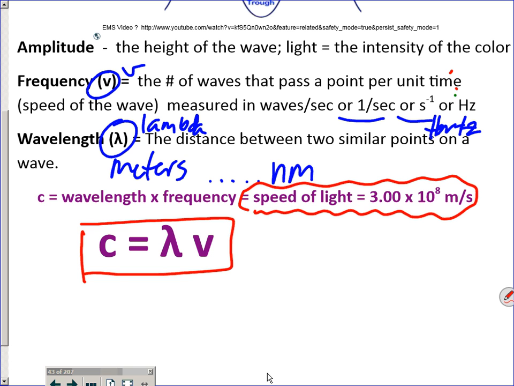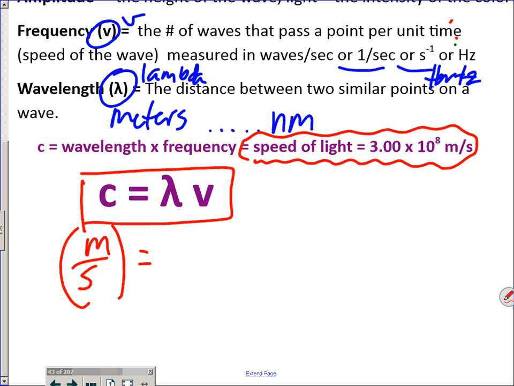So c, which is in meters per second, is equal to, what should wavelength probably be recorded as to match this? Now a lot of times you're right, it will be in nano, but to match this, it should be recorded as meters, okay? And then what will v have to be recorded as in units? Not just seconds.